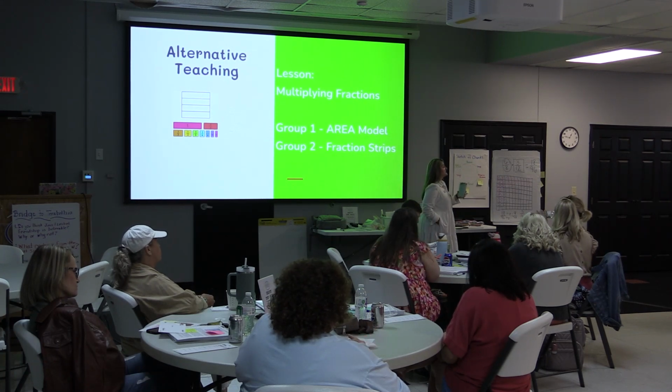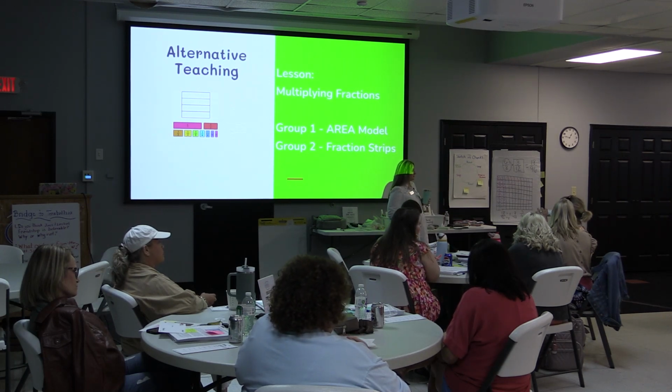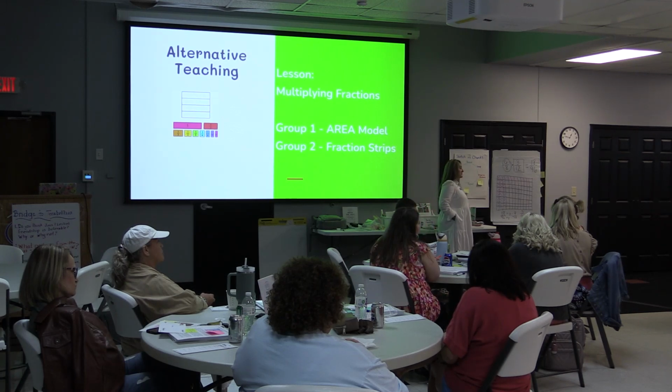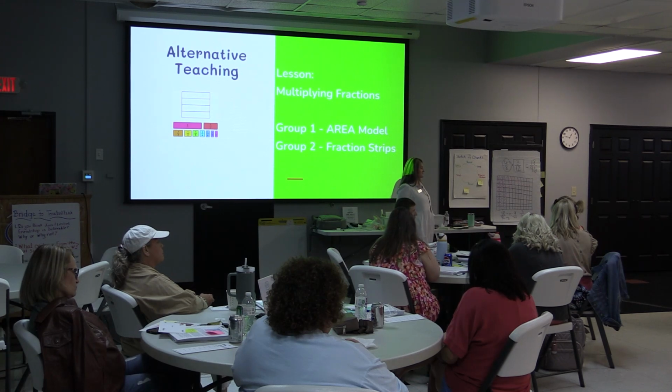Could you explain what we used over there? We used little foam pieces that break up into different fraction sizes. This is your whole, and then these were your halves, and you would just build up until you filled your whole. So it would fit like this for half.